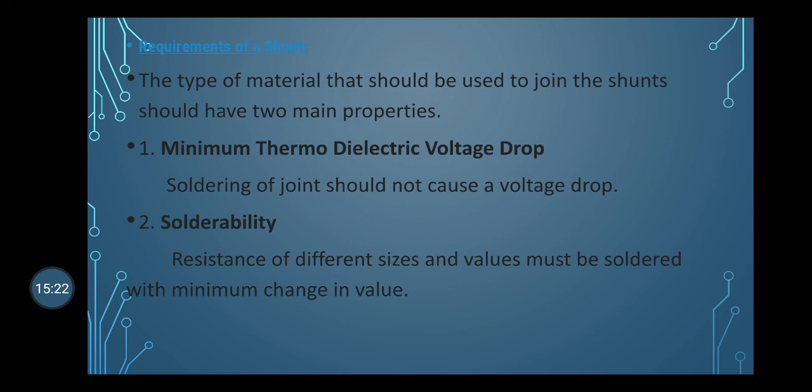When resistances of different sizes are connected to the shunt across the meter, it will not change the resistance of the meter. It will not change the resistance of the connected resistance.